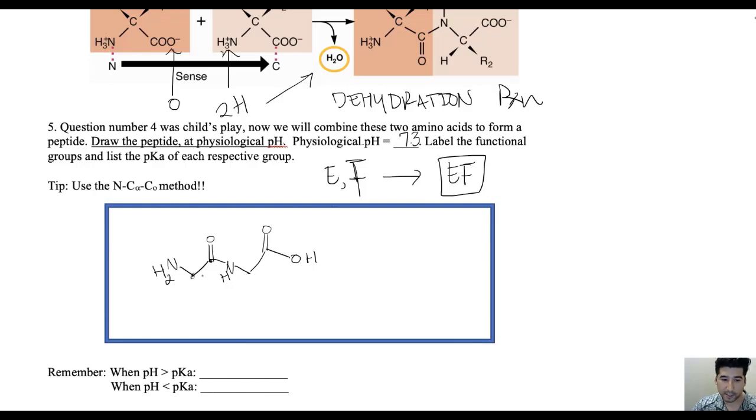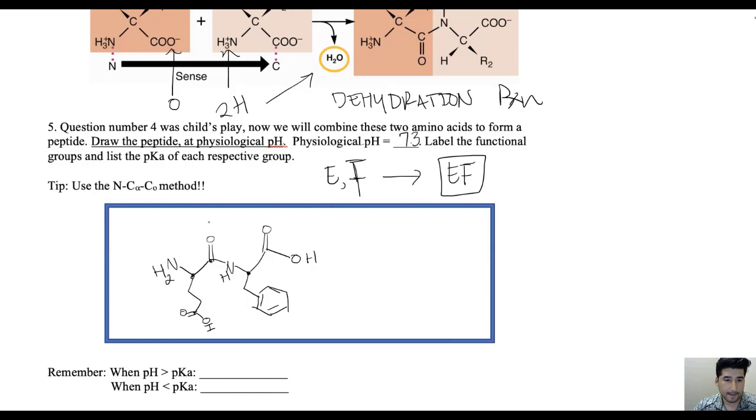And then from this alpha carbon and this alpha carbon, you can actually draw the side chain. This is the side chain for glutamic acid. It's a carboxylic acid. And then for phenylalanine, it is a benzene group. Okay, so this is the peptide.